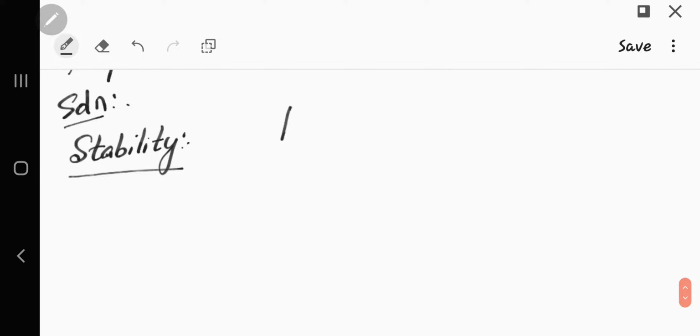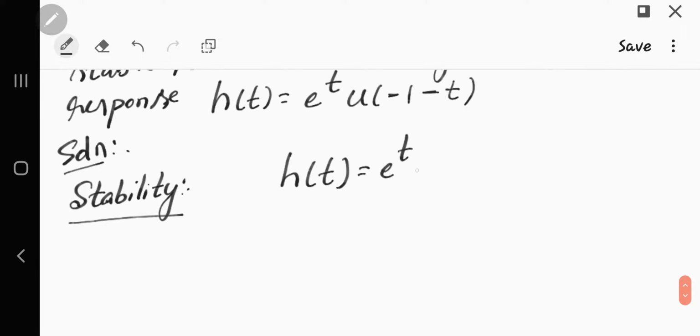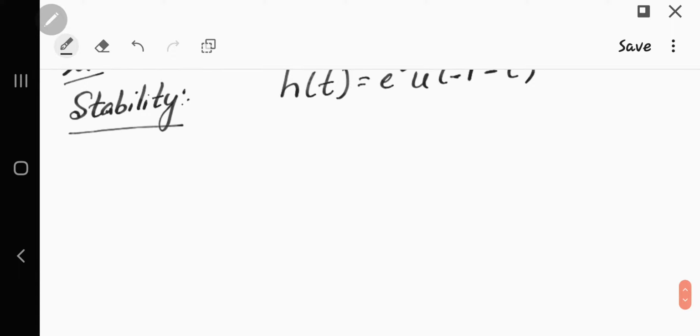So what is given? H of t is equal to e to the power of t u of minus 1 minus t. Now, what is the condition for a system to be stable? The system is said to be stable if its impulse response is absolutely integrable.